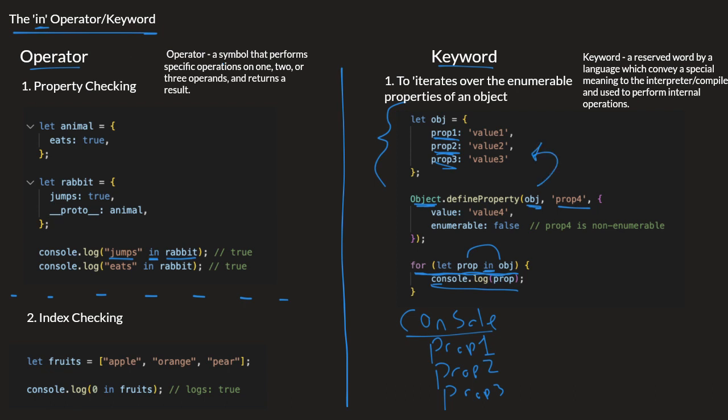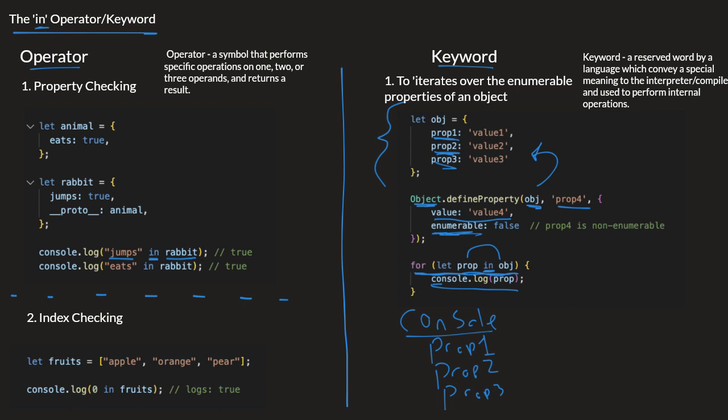We're adding another property with a value called value4, and we're directly setting the enumerable value of this key value pair to be false.